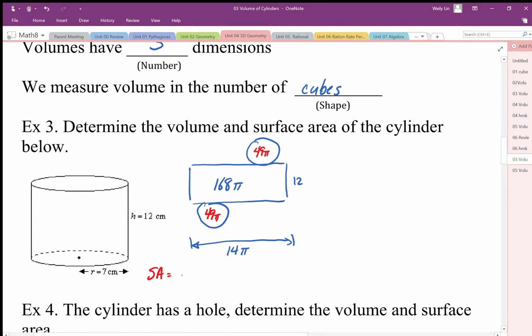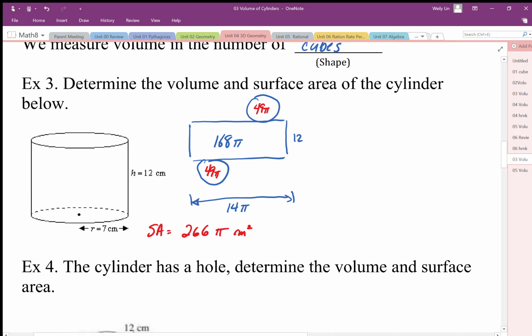Again, make sure the units are correct. So centimeters squared, when you have to write the units to indicate that that is area. So 266 times pi. The decimal value of this is approximately 835.66 centimeters squared.